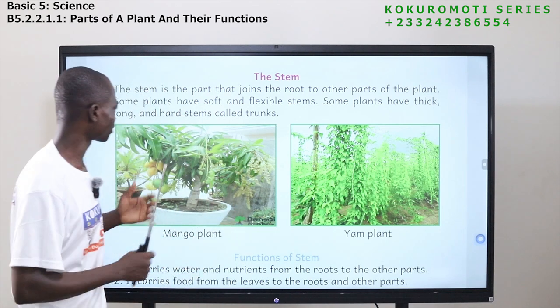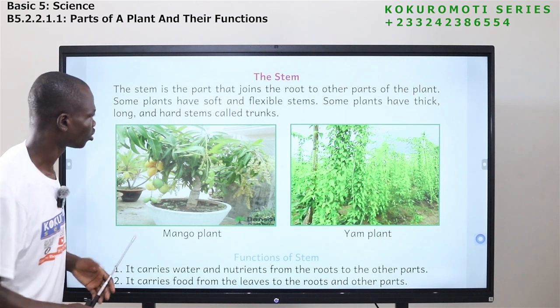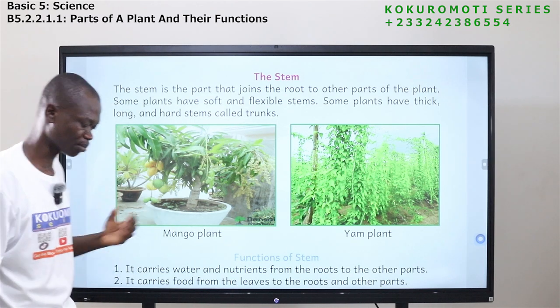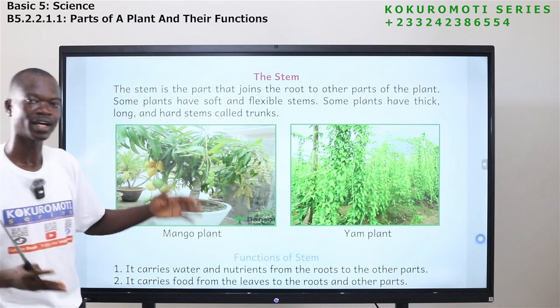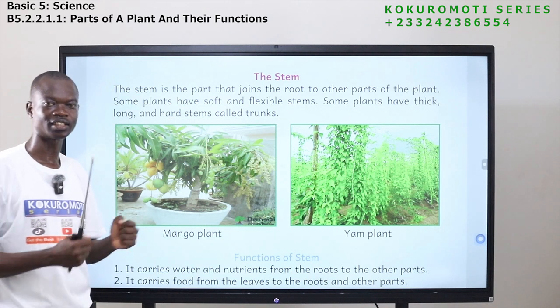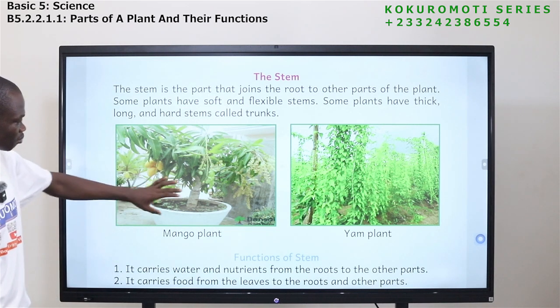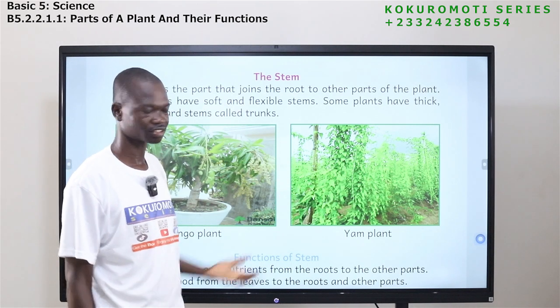The ones that are not flexible but very long, hard, and thick, we call trunk. For example, mango has a trunk, but yam doesn't have a trunk.